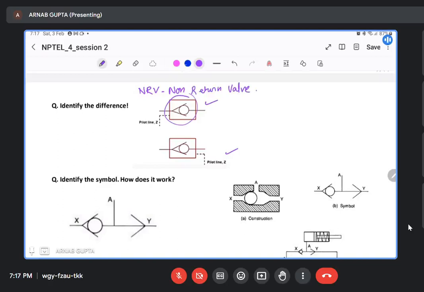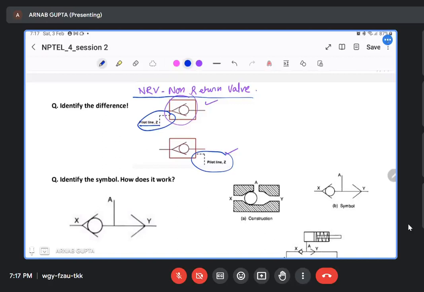But you can understand that there is a catch with these particular lines. Any dotted line would represent a pilot line. That is, to activate this particular NRV, you are taking a signal from somewhere else in the circuit. It can be a hydraulic or pneumatic symbol also. That is, a pneumatic or hydraulic flow at a particular pressure or flow rate will activate this valve.